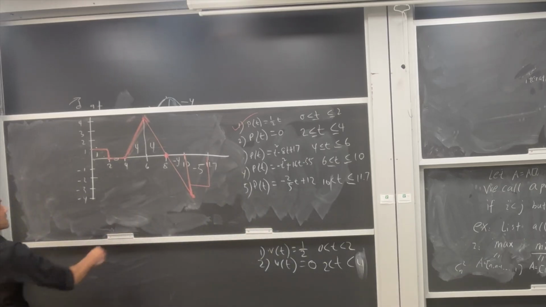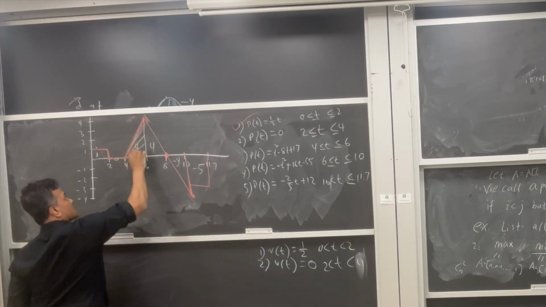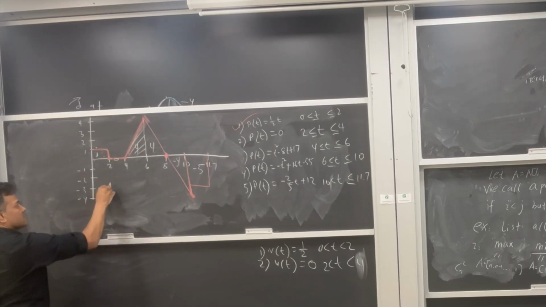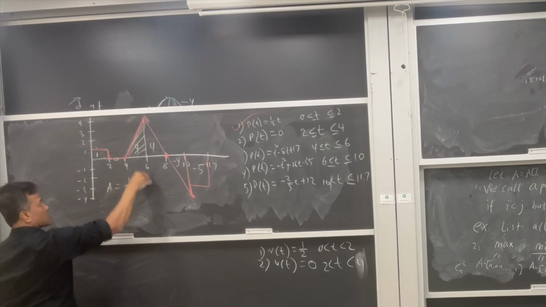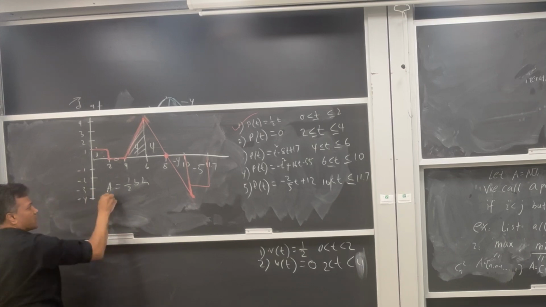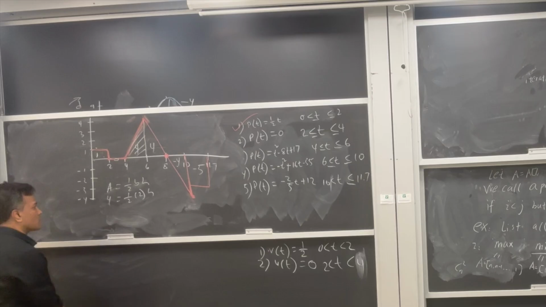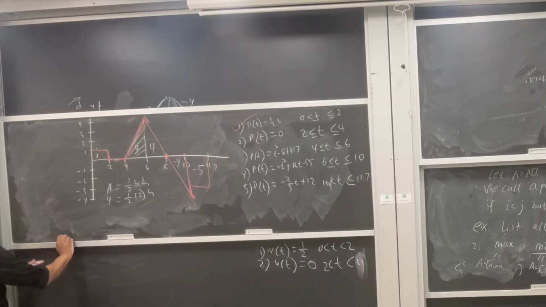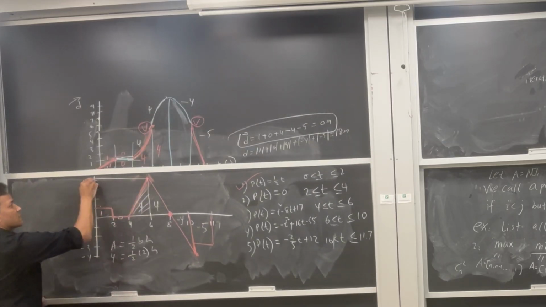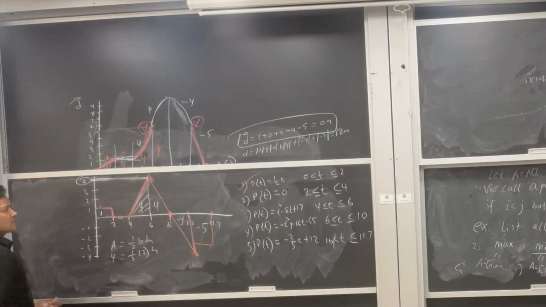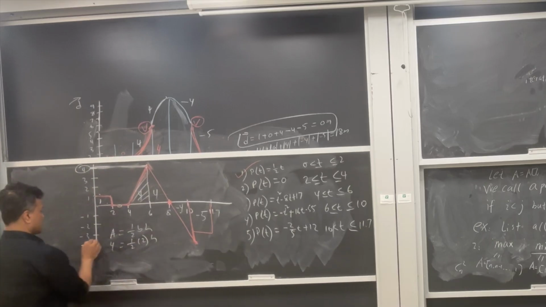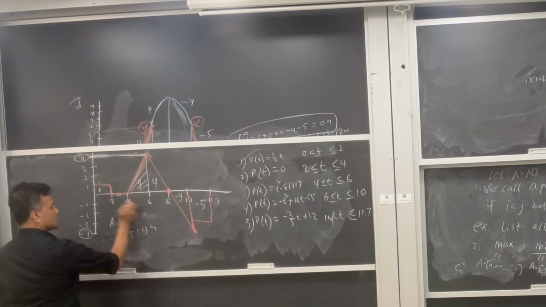Now number 3 is this one. Area is half BH. So area is 4, half, B is 2, so H is 4. What is H? Velocity is 4. So velocity over here is 4. Good. Then velocity over here must be negative 4.